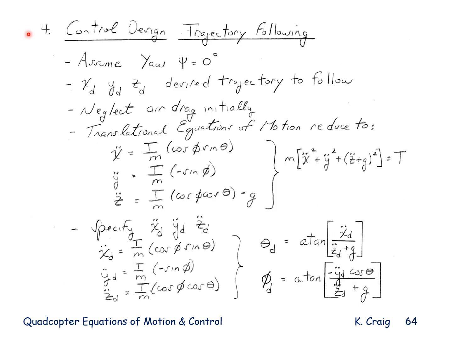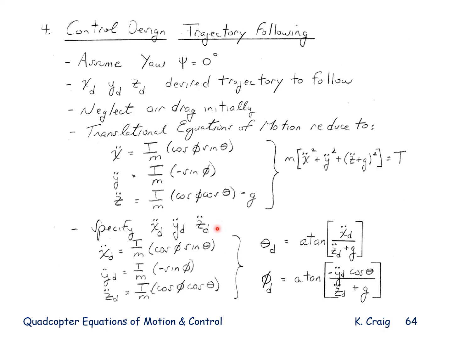The control design for trajectory following is as follows. Assume that the yaw angle psi is 0 degrees. x_d, y_d, z_d are the desired trajectory to follow. I will neglect air drag initially. The translational equations of motion then reduce to the following three expressions, and they can be combined to determine what the thrust T is.